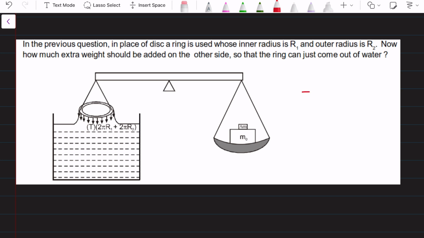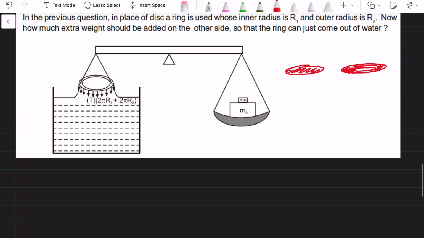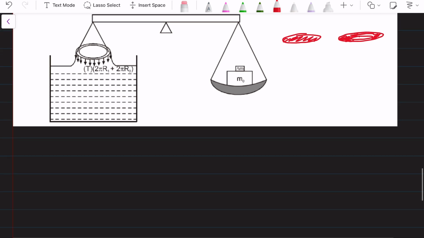Earlier we had a solid disc, but now we have a ring like this. The material is here only. Now how much extra weight should be added on the other side so that the ring can just come out of the water? Same concept, but here now what you have to see is this object.